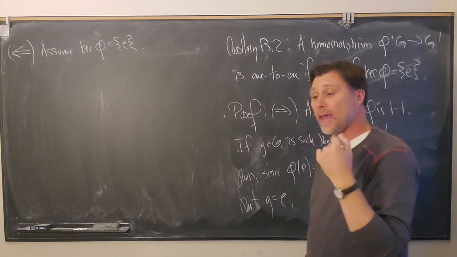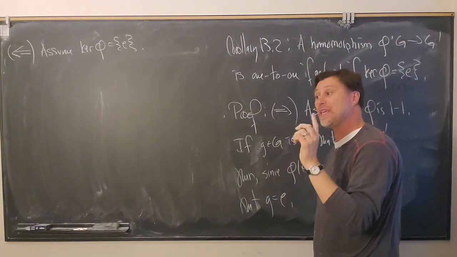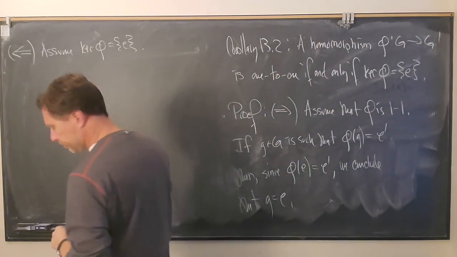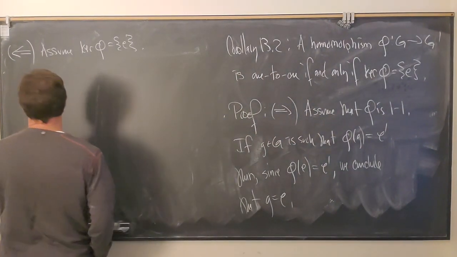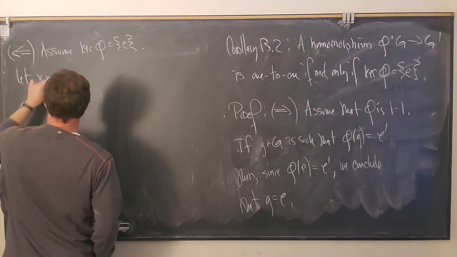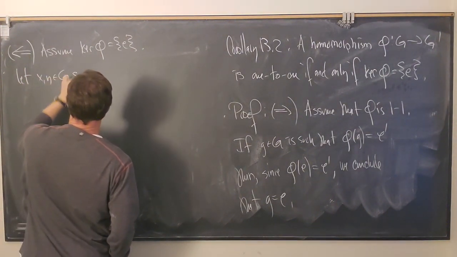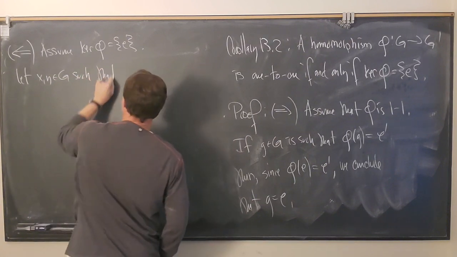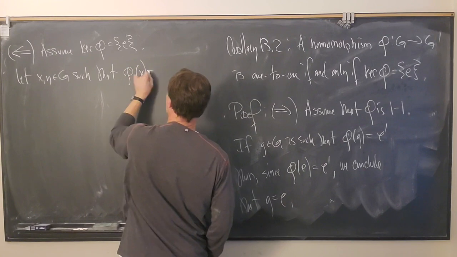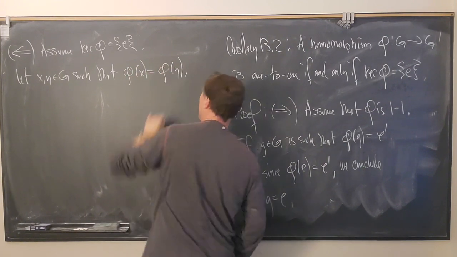So the only element in G that gets sent to E prime is little e. Now we want to show that it's one-to-one. So let x and y be in G such that they give us the same output, such that phi of x equals phi of y.